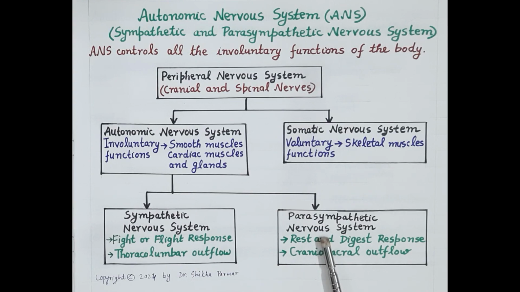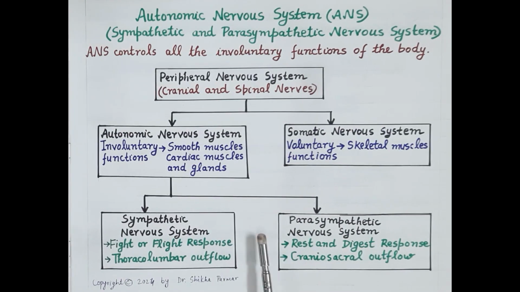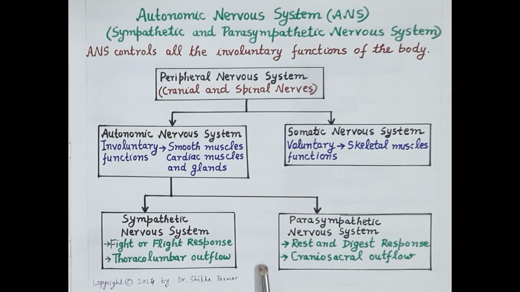So, in this video, we are going to study functions of sympathetic nervous system and parasympathetic nervous system. The two systems work together so as to maintain a balance or homeostasis in the body. The two systems ensure that the body responds appropriately to different situations.